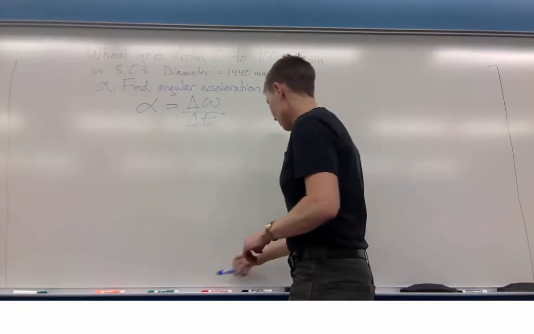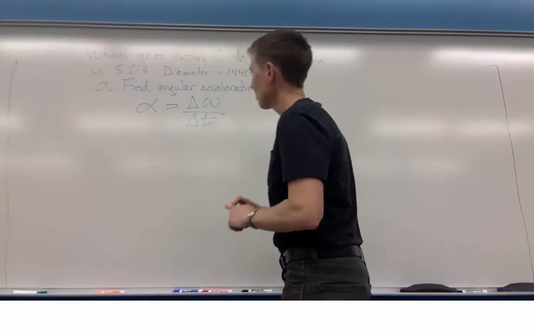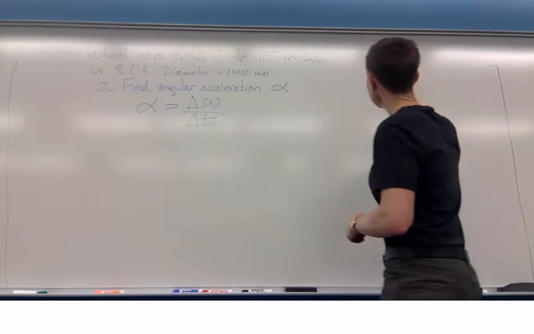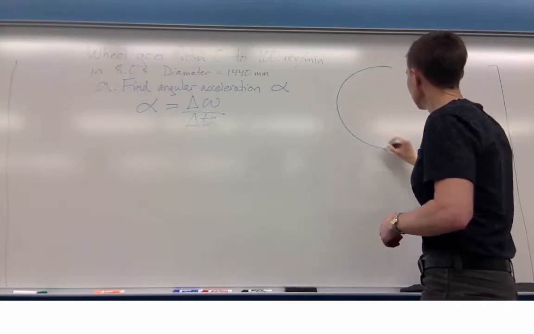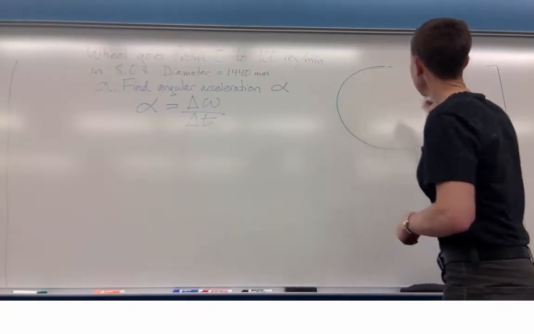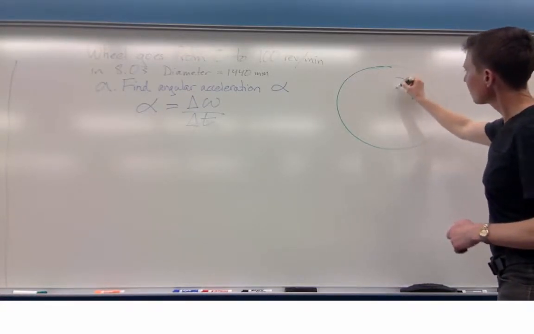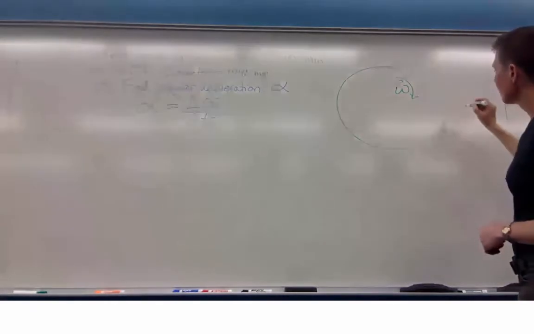So let's draw a picture and understand what's happening here so we can figure out omega and alpha. We have a wheel. Say the wheel is rotating this way. So our omega is in that direction.